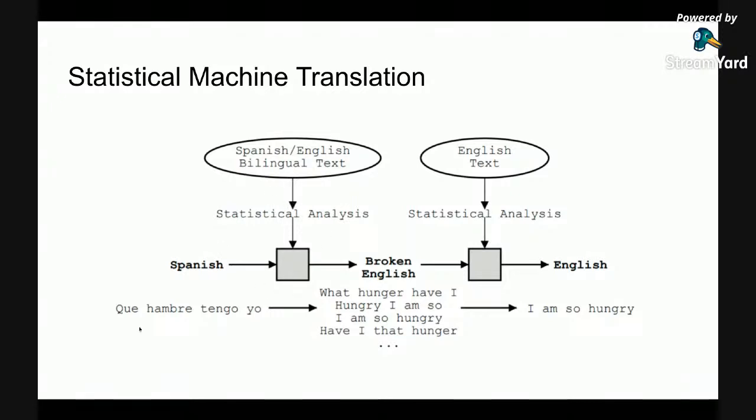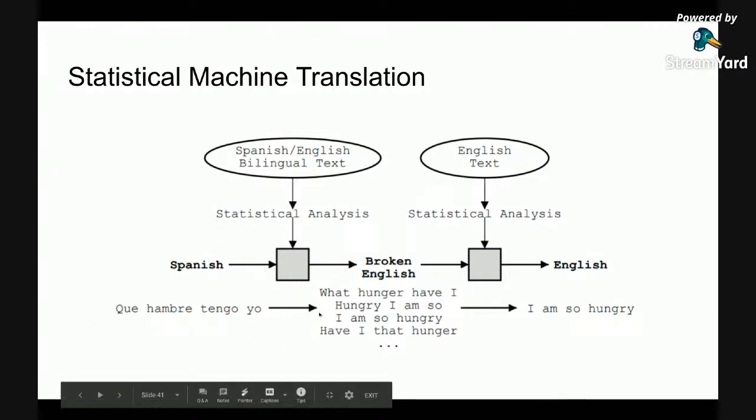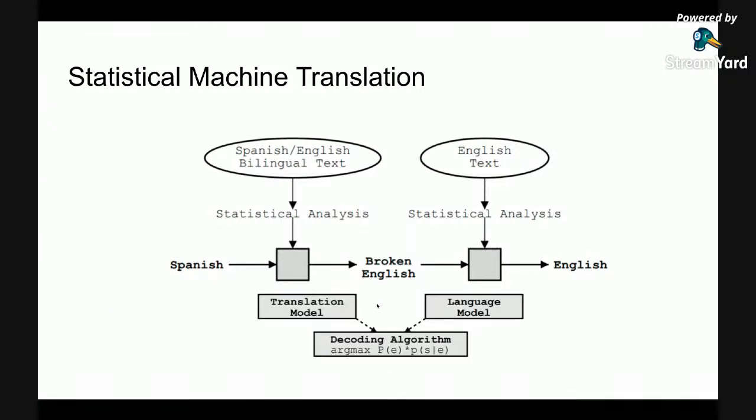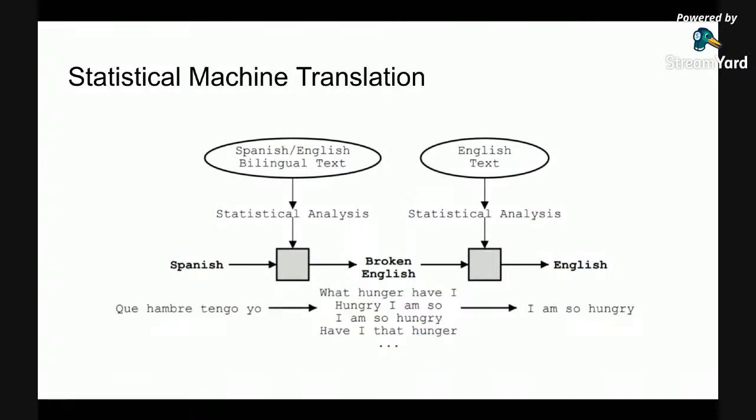Then I can replace each word with the corresponding translation in English. And here I need a language model to convert this list of broken English tokens to a valid sentence. The language model is a basic component of any statistical machine translation system. It helps to make the translation as fluent as possible.